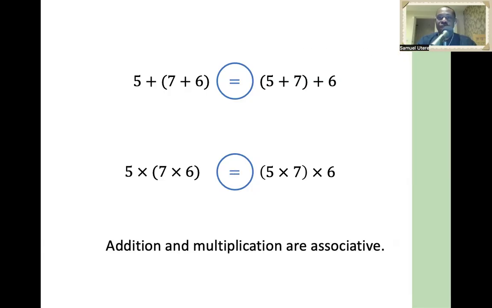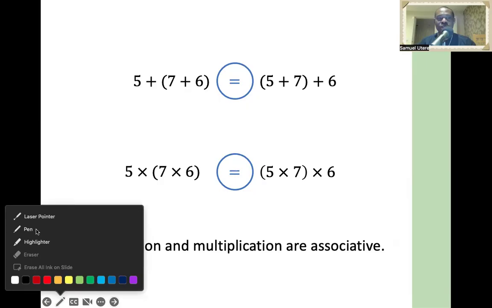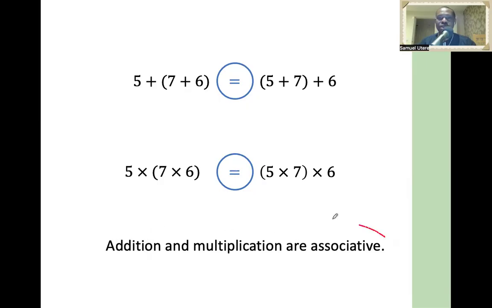It's actually associative. So that's the word. So when you hear the word, are the calculations associative? They're asking you whether if you were to group, so this means grouping, you're associating things with each other. So if we were to group things like we've done, will the calculation give us the same answer? So only addition and multiplication does that.